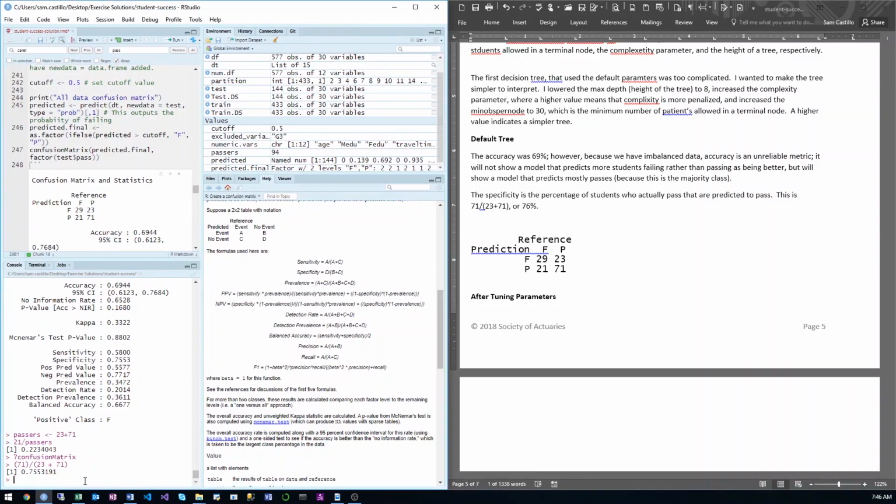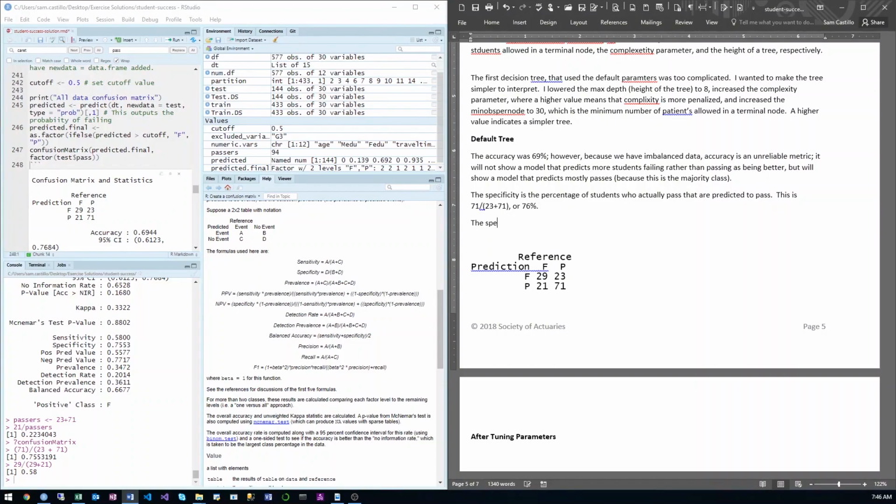So let's just check. 29 over 29 plus 21 is 58%. The sensitivity is the percentage of students who fail that were predicted to fail.